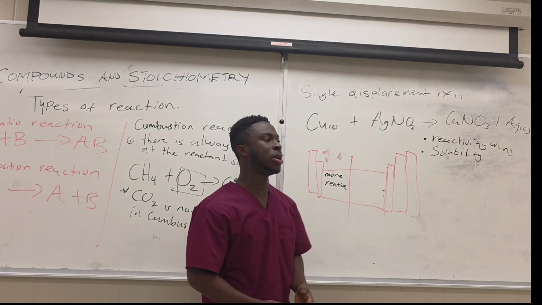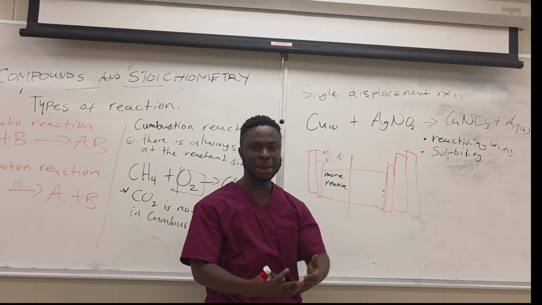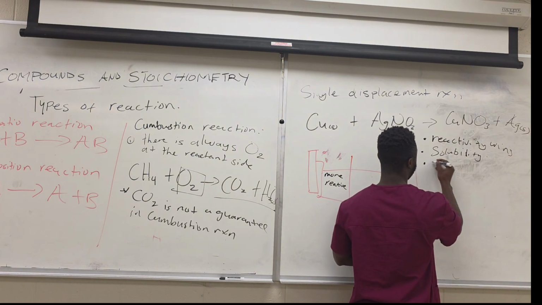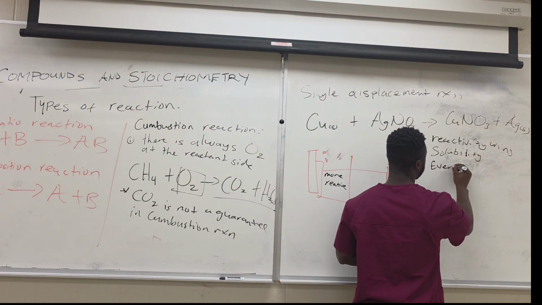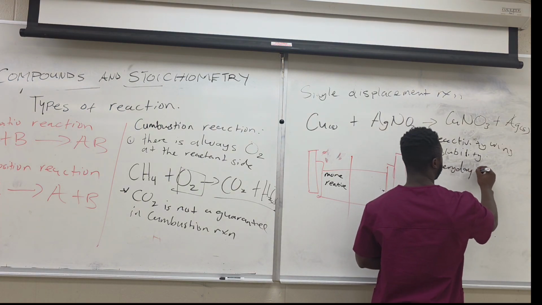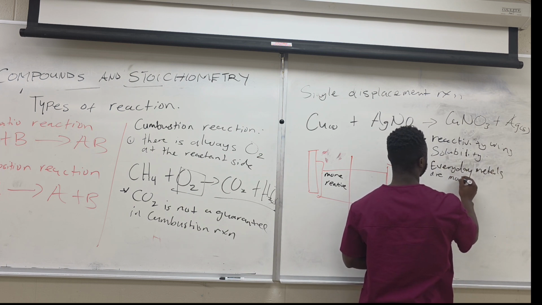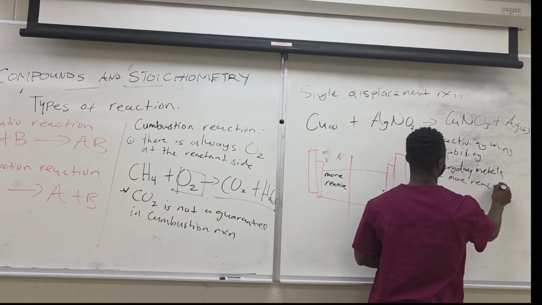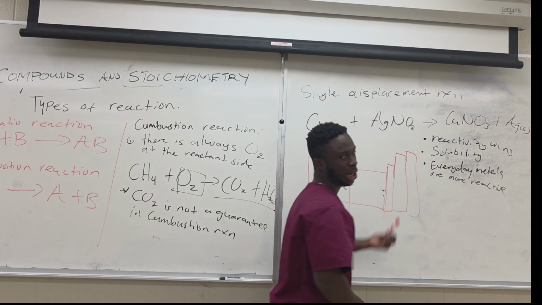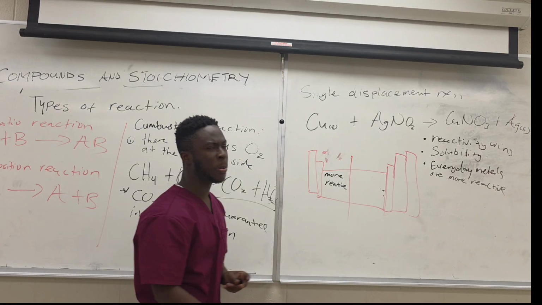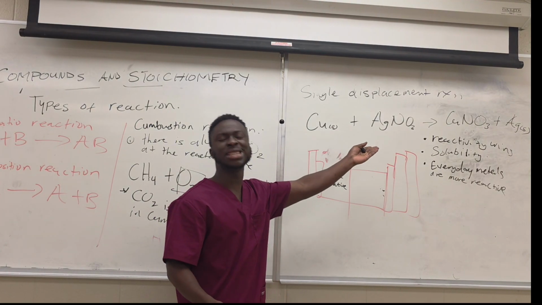So if you are dealing with a reaction like that and the metals that are in it, let me put over here, one is everyday metals are more reactive, right? So they will win when you are dealing with it. Now there is no general rule as to why the copper will displace the silver.